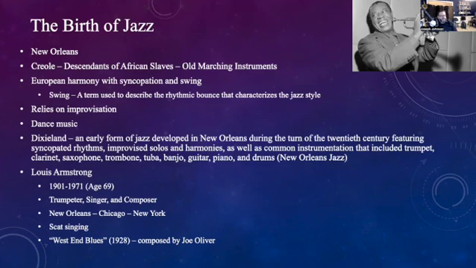So you have a huge slave population there. You've got the Creole population. The Creole, they're of French descent. They have very distinct styles of music as well, like Zydeco, which has jazz kind of feelings to it.